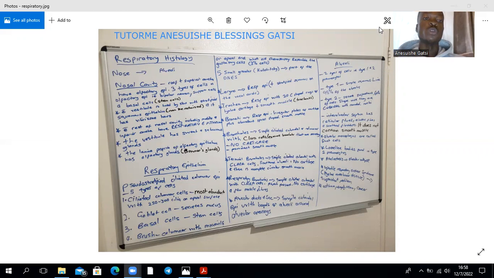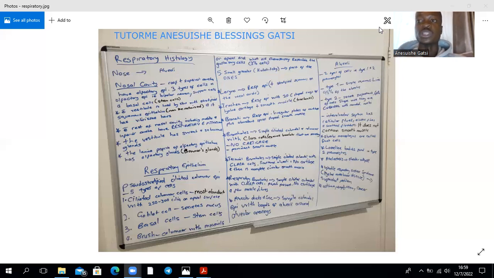Right. So the olfactory epithelium, like I said, is going to have 3 types of cells. You find the bipolar neurons, which are your olfactory receptor cells. Remember from your general histology, when you did nerve histology, or back in physiology, you have 4 types of neurons in the nervous system.